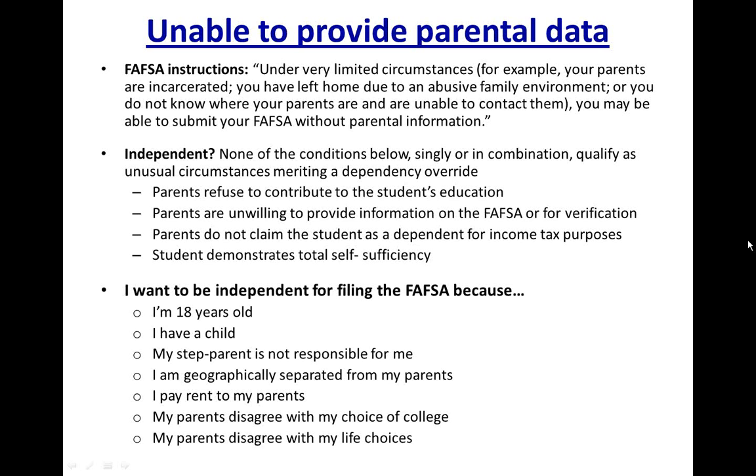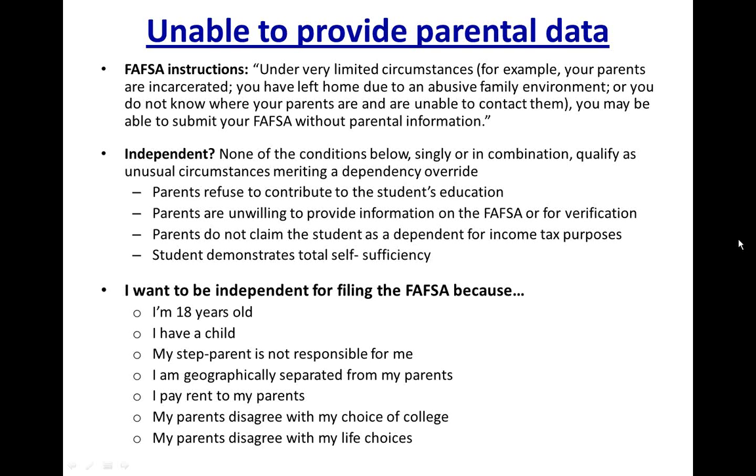I have a child. If you remember from our previous slide, students with children must provide more than half of that child's support to be considered independent for filing the FAFSA. It's not just the fact that they have a child, they have to be supporting that child more than 50%. My step-parent is not responsible for me. I am geographically separated from my parents.